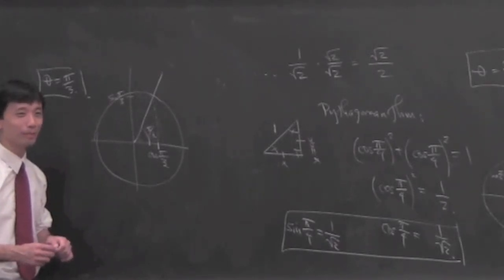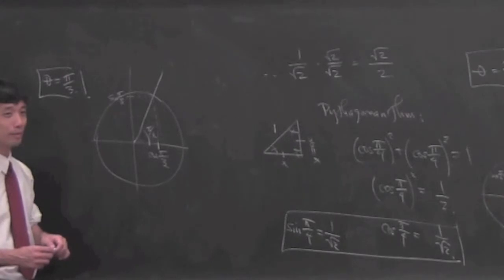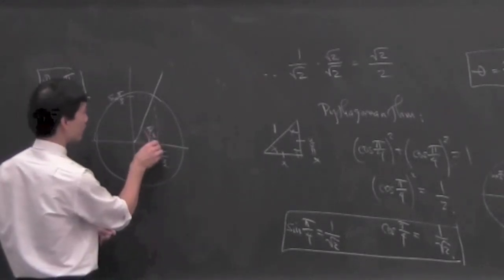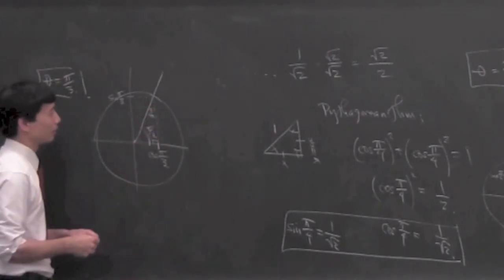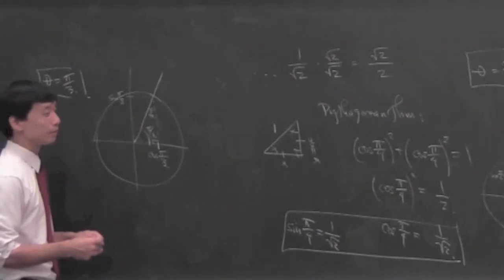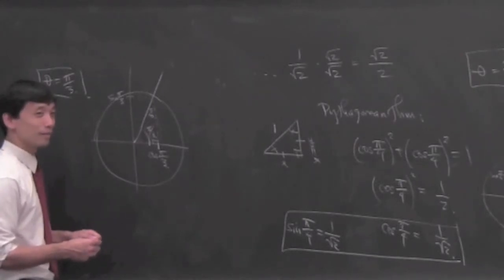Caroline. Well, you have a right triangle again. So you could make the triangle, since you know there's going to be a 90-degree angle, and since that's pi over 3, the other angle is going to be pi over 6. And then you could use the Pythagorean theorem, because we know the hypotenuse is going to be 1.